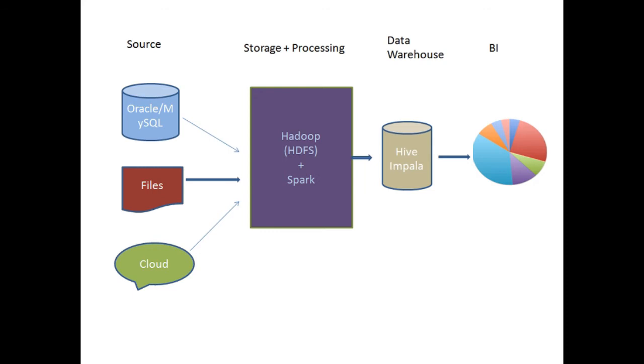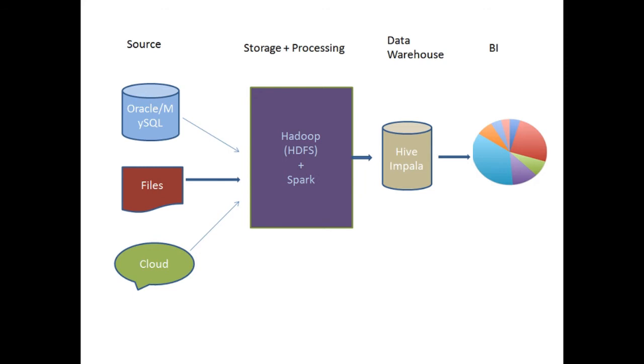Some companies will be maintaining data in the form of files. For example, mainframe, or if you are getting daily sales data in CSV format or JSON, all these file formats are also sources. And the third one is the cloud.